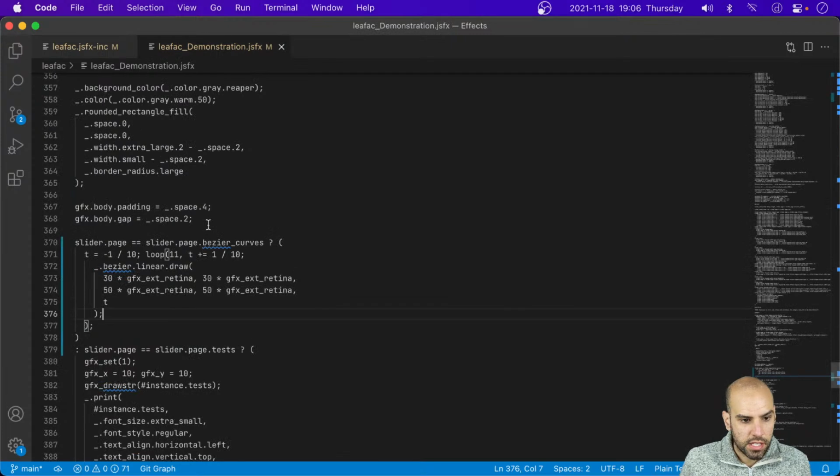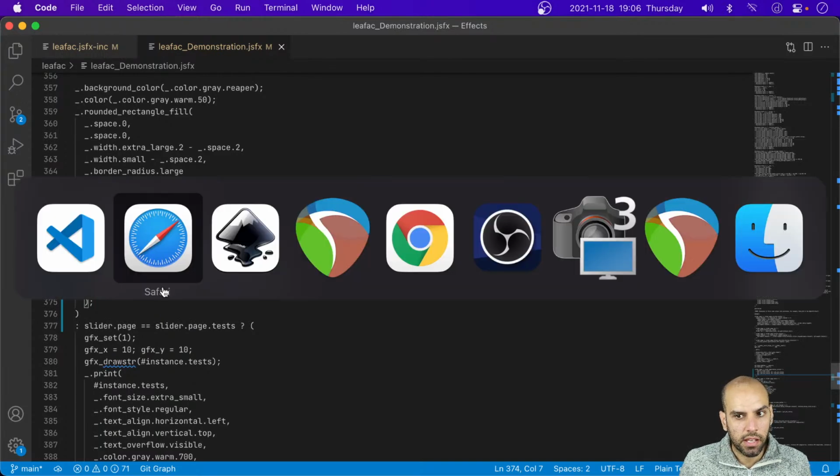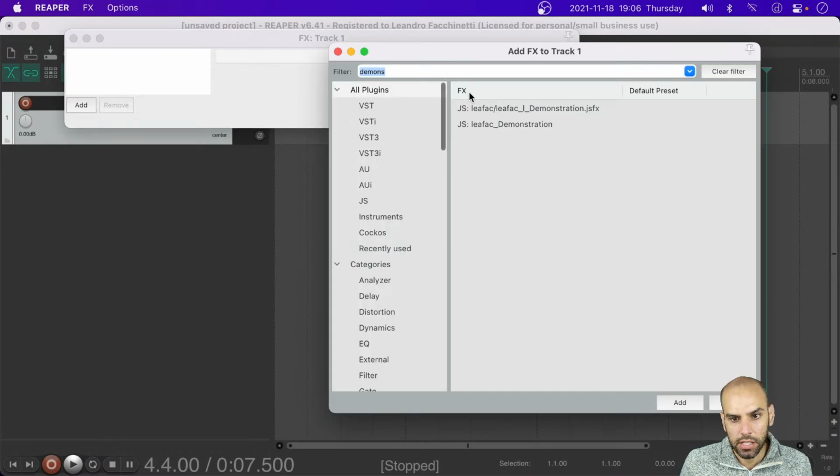Now let's revisit this because this is obviously wrong. We need to remove this loop, and now we call this with x, y, and the number of steps, so 10 steps. X, y for the origin, x, y for the destination, and 10 steps. So if we did everything right, then in REAPER we should see a straight line.